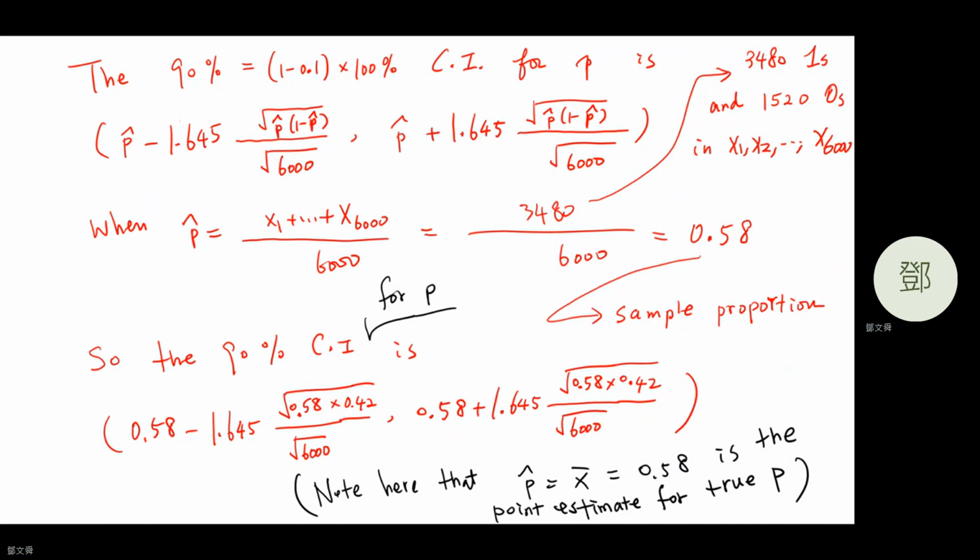Understand? Sometimes I say P is the proportion, and sometimes I might say P is the probability, because the two terms are used interchangeably. Okay?